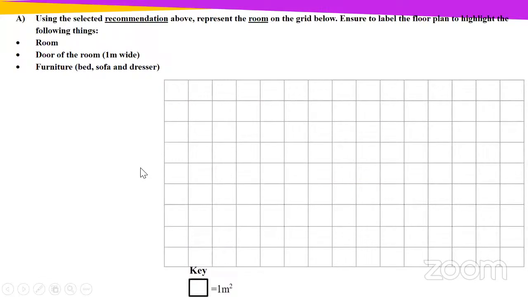Now, boys and girls, we remember we have our room, and now we are asked to place our room on our grid. We're to label our room, and we're to put in our door.